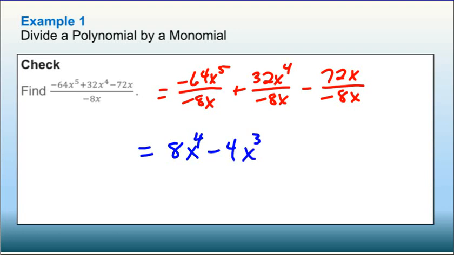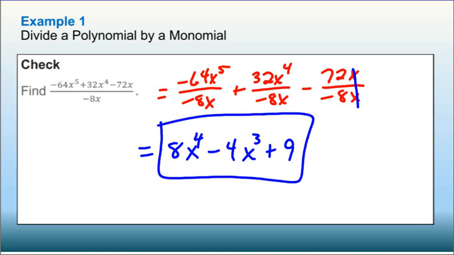This would be x cubed, minus 72, so minus a negative 72, which means I'm really adding. 72 divided by negative 8 is negative 9, so minus a negative 9 means plus 9. The x's cancel off, and my answer is 8x to the fourth minus 4x cubed plus 9.